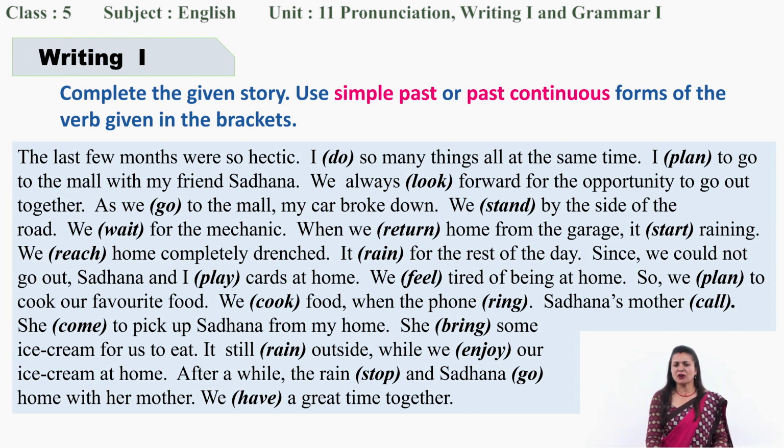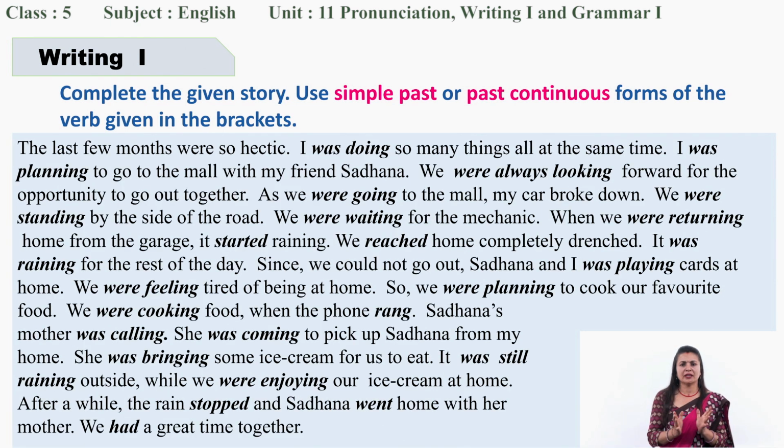And now let's see if you have made any mistakes or not. Yes. Let's see. Here it is. Was doing, was planning, we were always looking, we were going, we were standing, we were waiting, we were returning, started, we reached, was raining, and then here was playing.